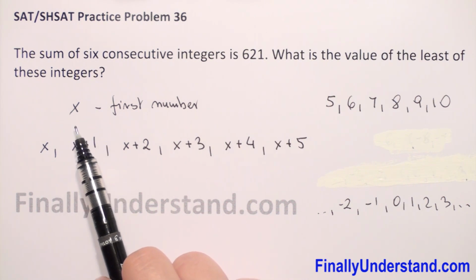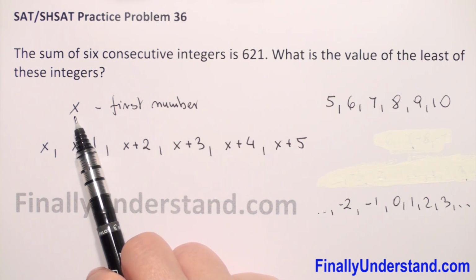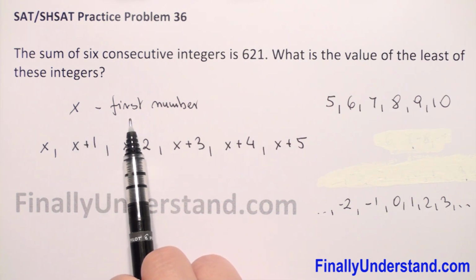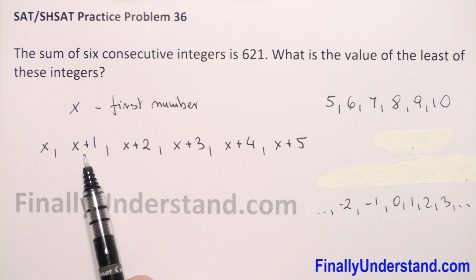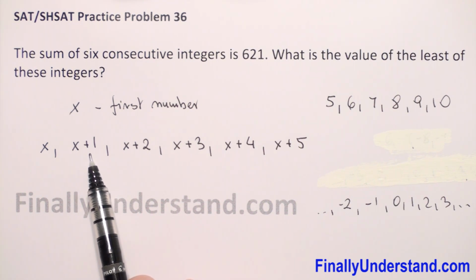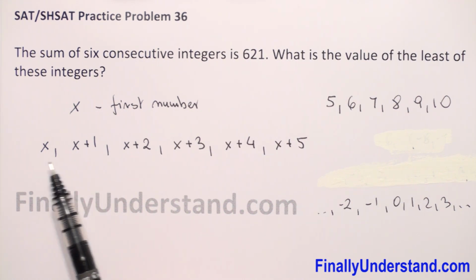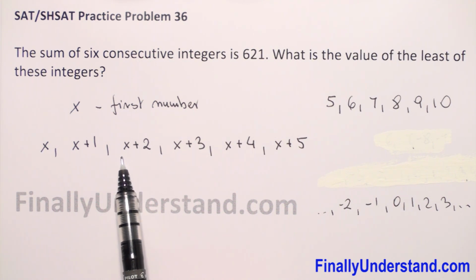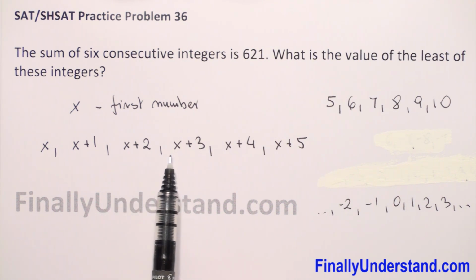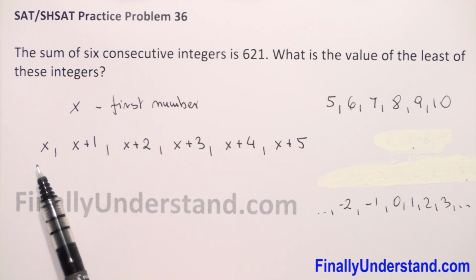So if I write that x is the first number, the next we get by adding 1 to the first number. When we add 2 to the first number, we will have the third number. When we add 3 to the first number, we will have the fourth number, and so on.